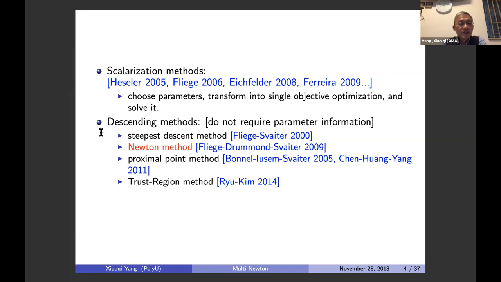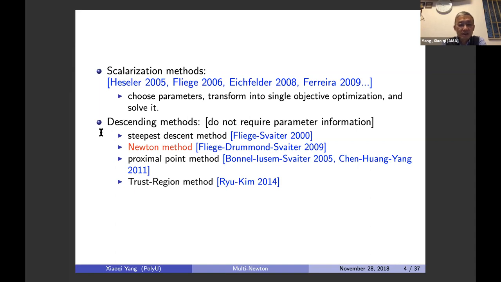The second one is the descent method. In this case, no weighting is needed. But with weighting, different weights give different Pareto optimal points. If we don't have weighting, how do we find the whole efficient frontier?